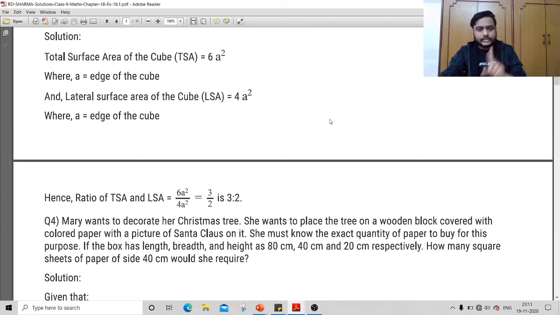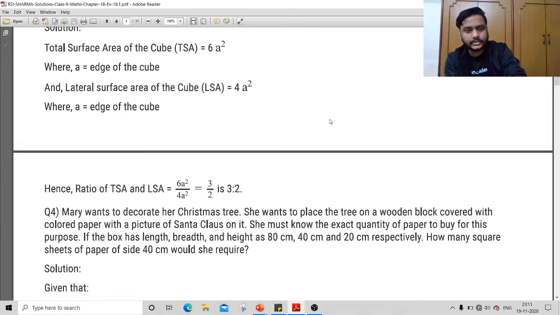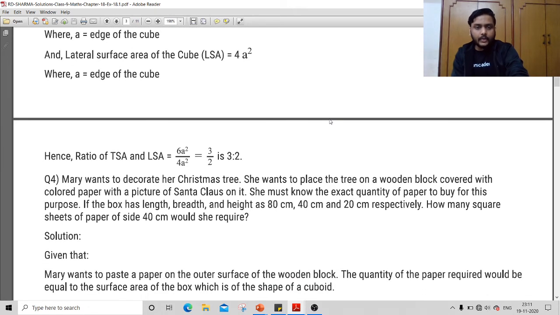Okay, let's talk about the next question, guys. The next question says what? Please focus. So it's a NCERT question. It's a good one. Let's read out the question first and foremost. Mary wants to decorate her Christmas tree. She wants to place the tree on a wooden block covered with colored papers with a picture of Santa Claus on it.